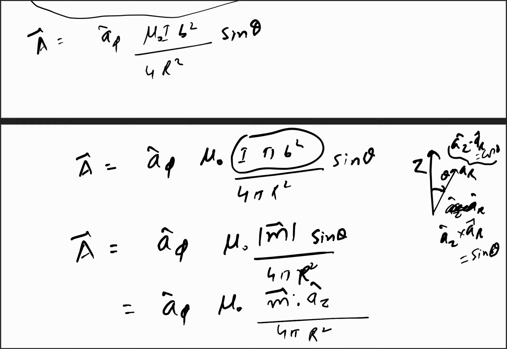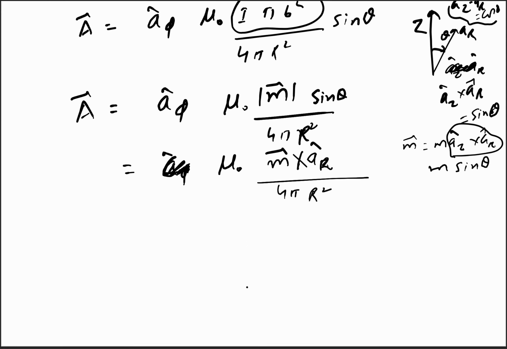It will not be dot product, it will be cross product, and m is in z direction, so I have taken it here. So m is actually m az, and its cross ar will give us m sin theta, and the direction of z cross r is simply in phi direction. So in this way I don't need phi here.